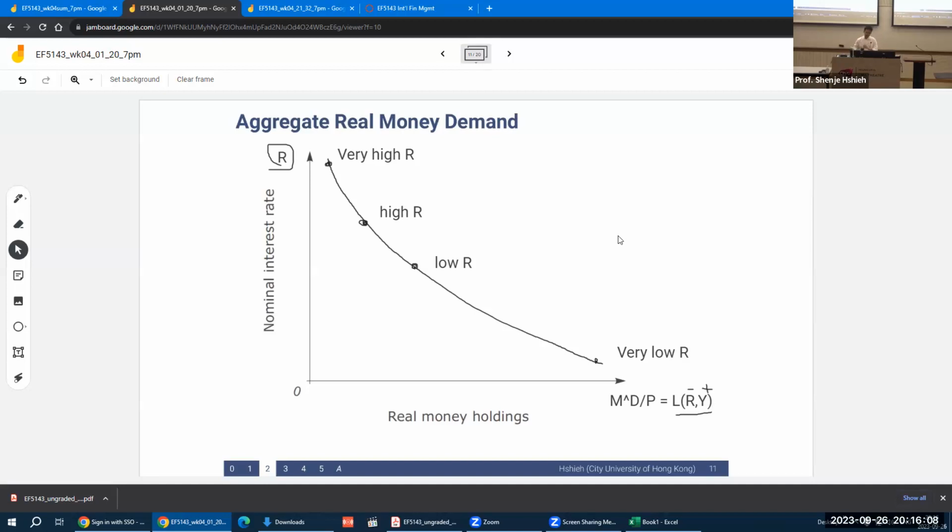What you should notice now is that last week, when you drew UIP, you were plotting E against R. So there's a way to visually combine last week's plot with this plot, because they share an axis, this one, right?